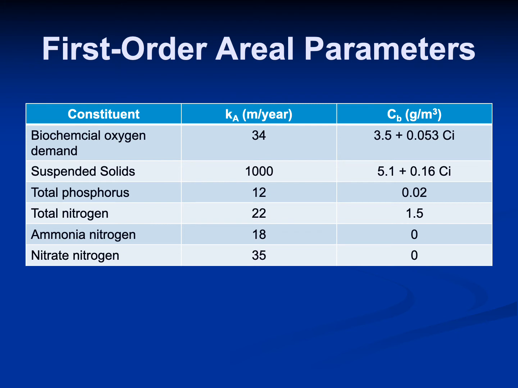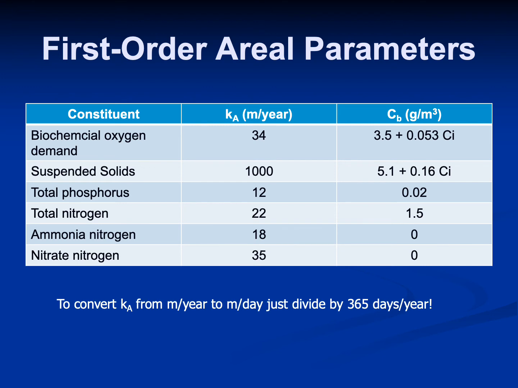But this table from your textbook gives a rough idea of some average parameter values. Remember, to convert Ka from meters per year to meters per day, just divide by 365 days per year. Also note that 1 gram per cubic meter is the equivalent to 1 milligram per liter.